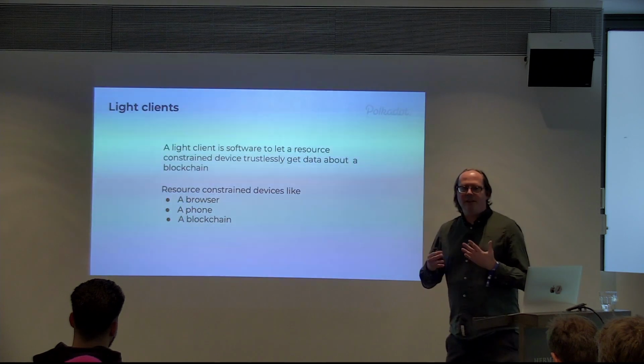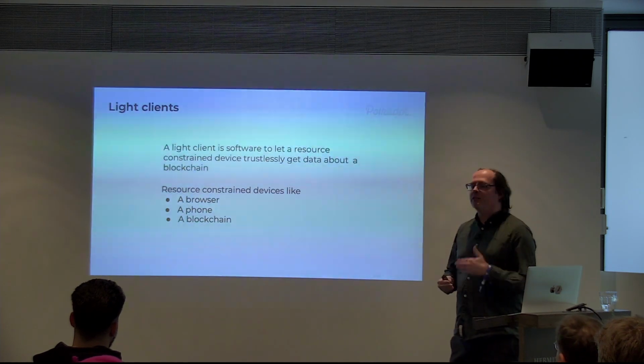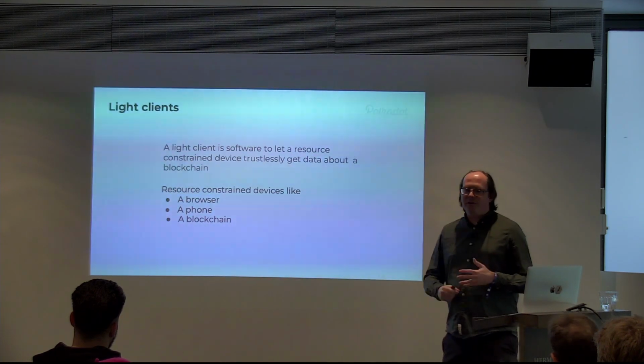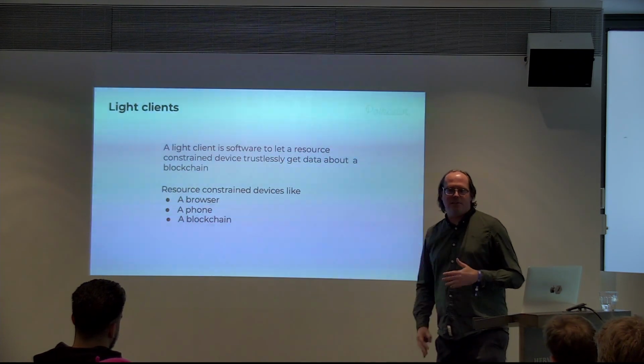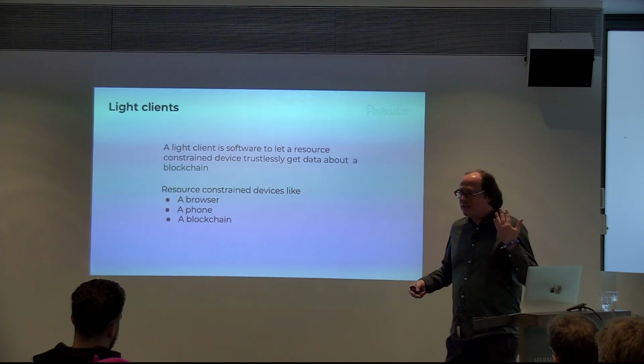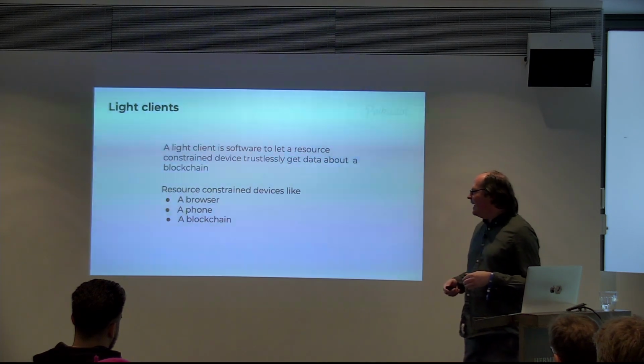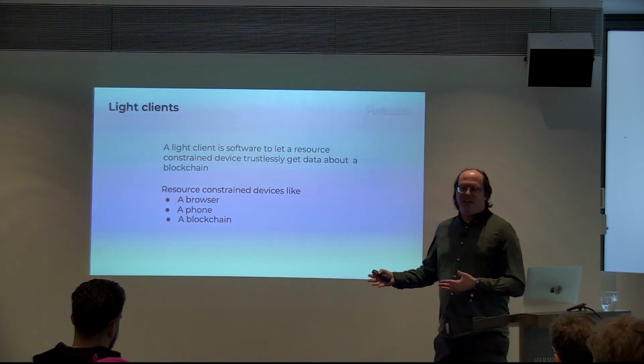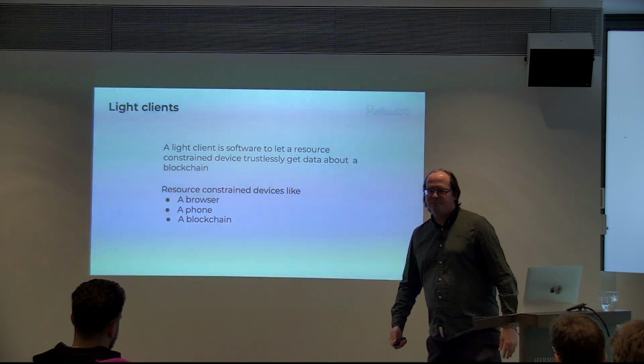So one of the chief applications I'm thinking of is bridges. We have a light client on another blockchain, and often it's just too expensive to put even 1,000 public keys on, certainly on Ethereum 1. So basically a blockchain is more resource constrained than a browser or a phone.